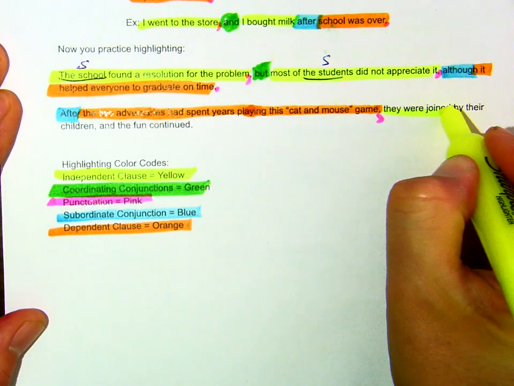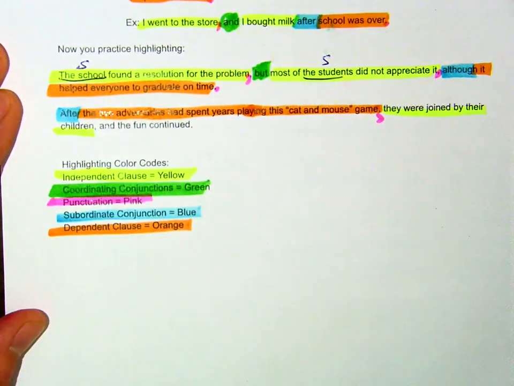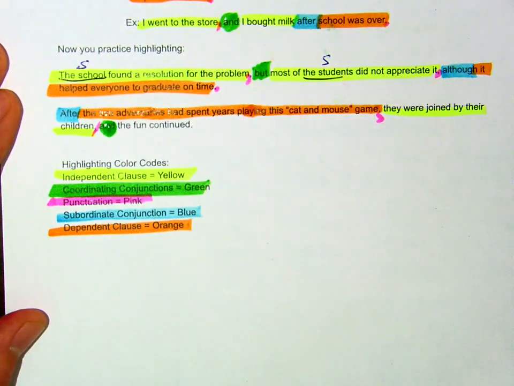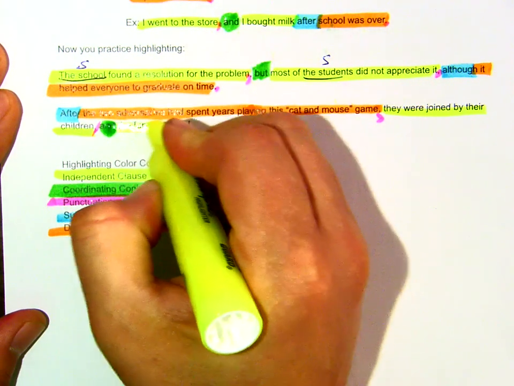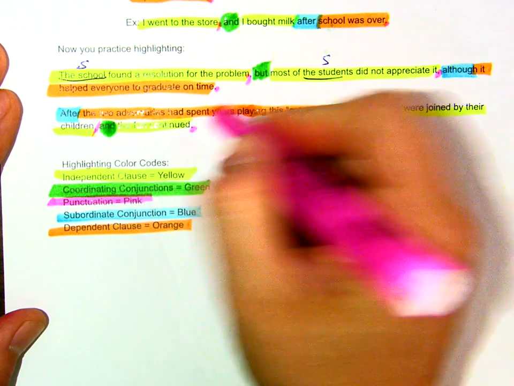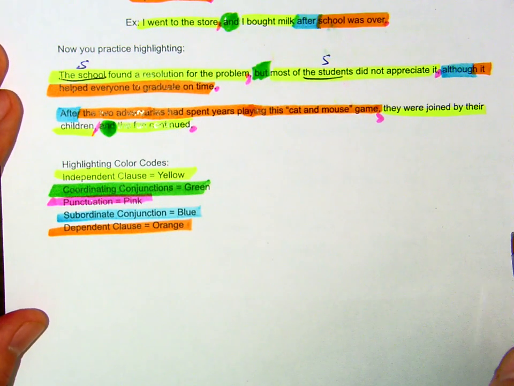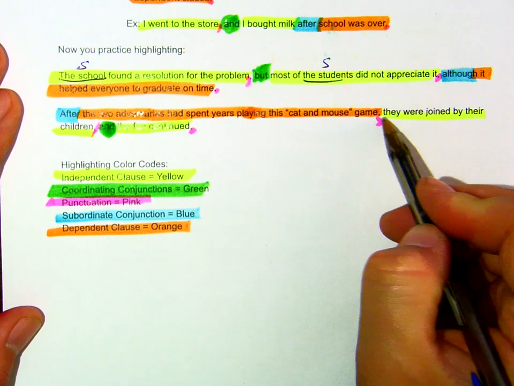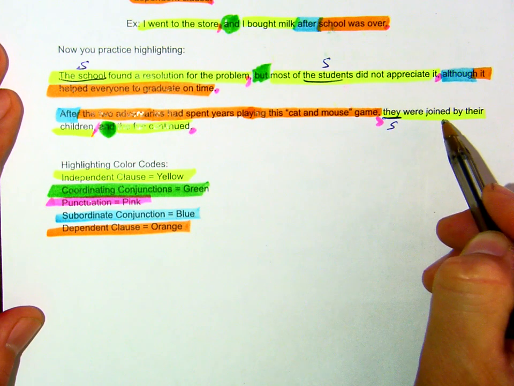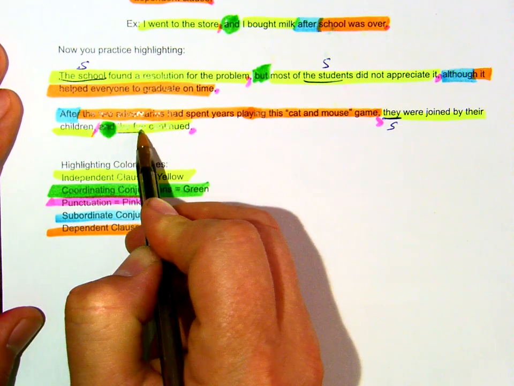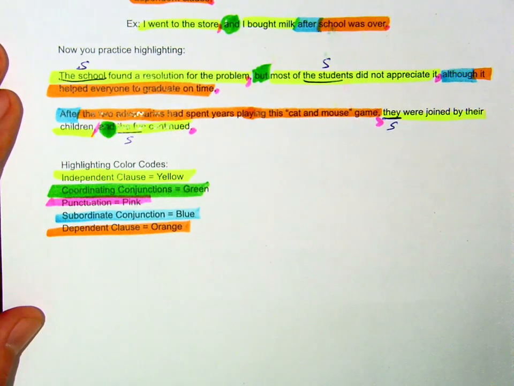Here's an independent clause. They were joined by their children, and a comma. Coordinating conjunction, and then an independent clause. The fun continued, and a period. What's the subject in this sentence? The subject is they. What's the subject in the fun continued? The subject is the fun.